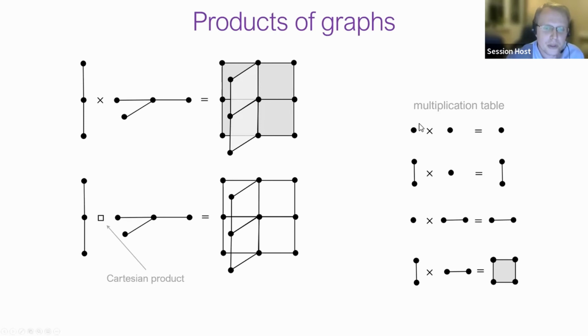If you ignore all these two-dimensional faces, the squares that you have, then you obtain what is called the Cartesian product. The Cartesian product is just a standard graph, usually denoted by this box operation.